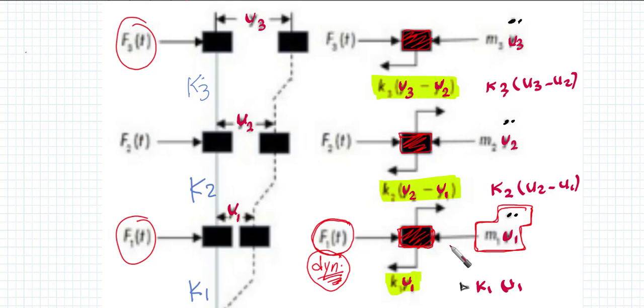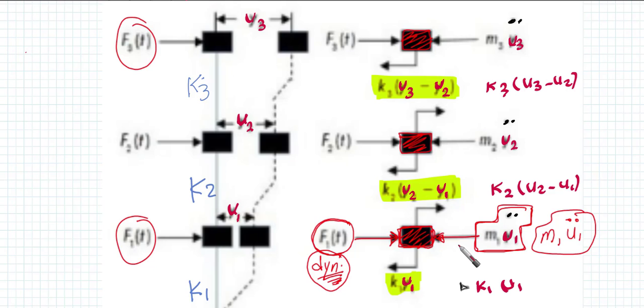So the mass is going to develop M1 U1 double dot. So we know now there is one force from the left and another inertia force from the right. These are related to the mass itself, developed from the application of the force and the inertia of the mass.